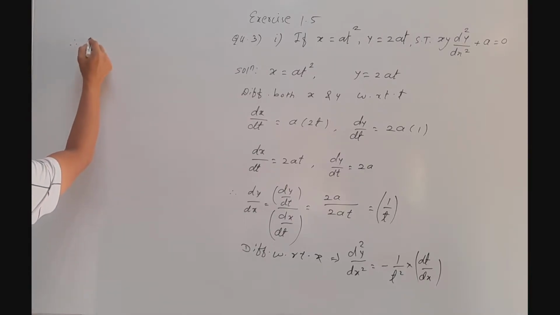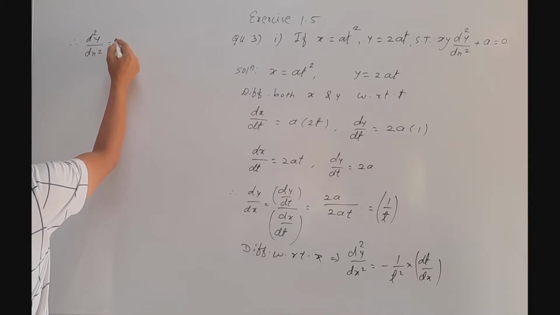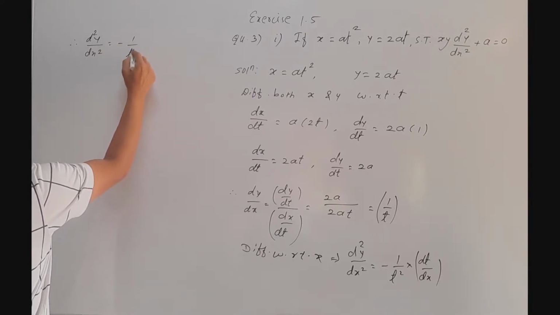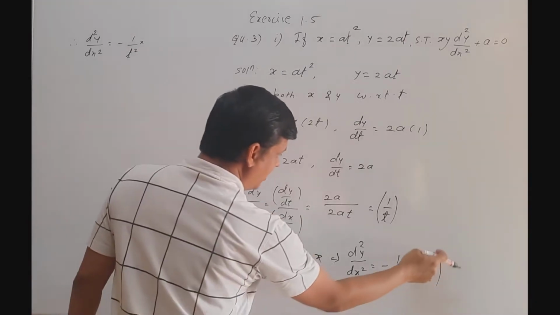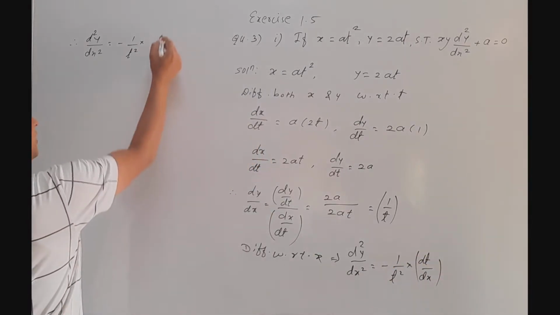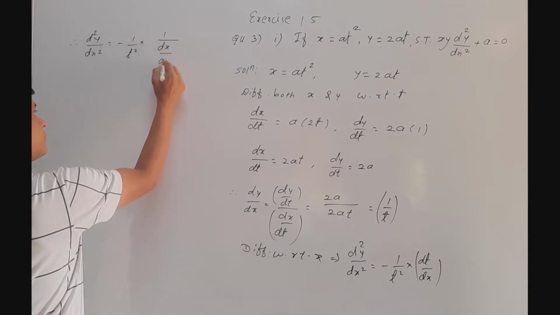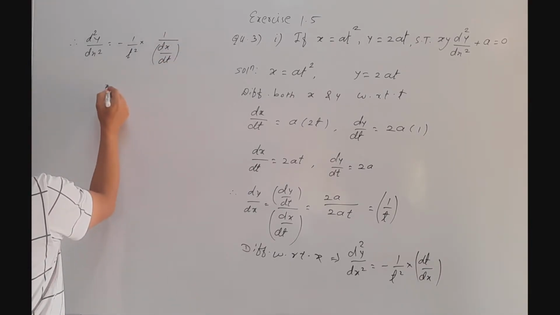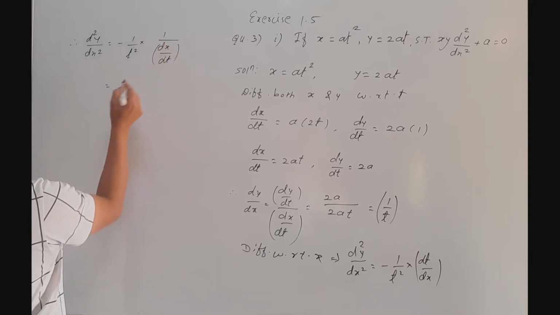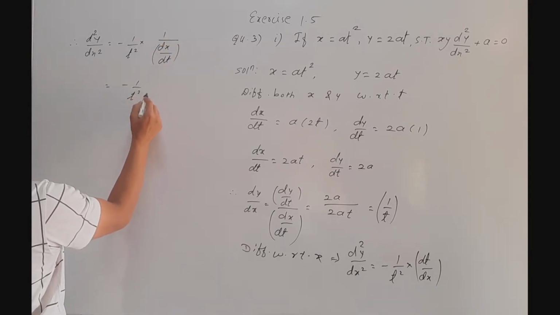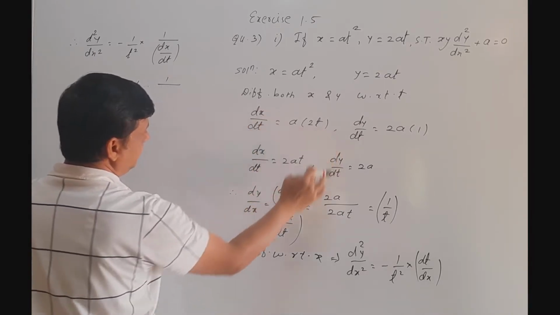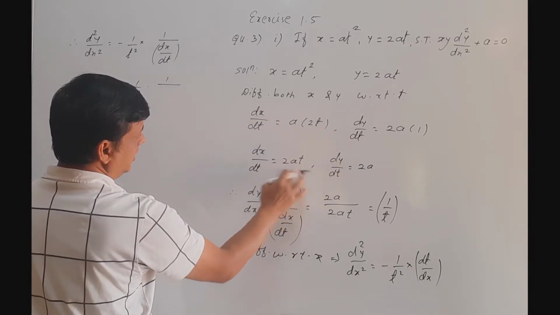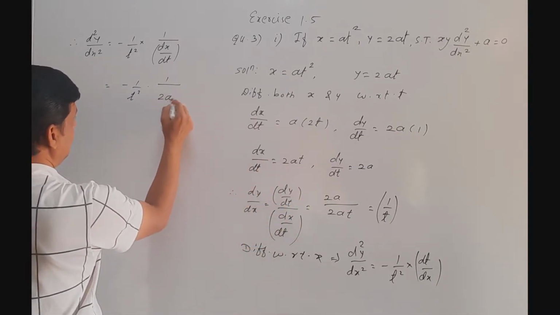So write here, therefore d2y by dx2 is equals to minus 1 by t square into, you can write this dt by dx as 1 upon dx by dt, because we have value of dx by dt. So write minus 1 by t square into 1 upon. So replace this dx by dt by 2at. So here we write 2at.